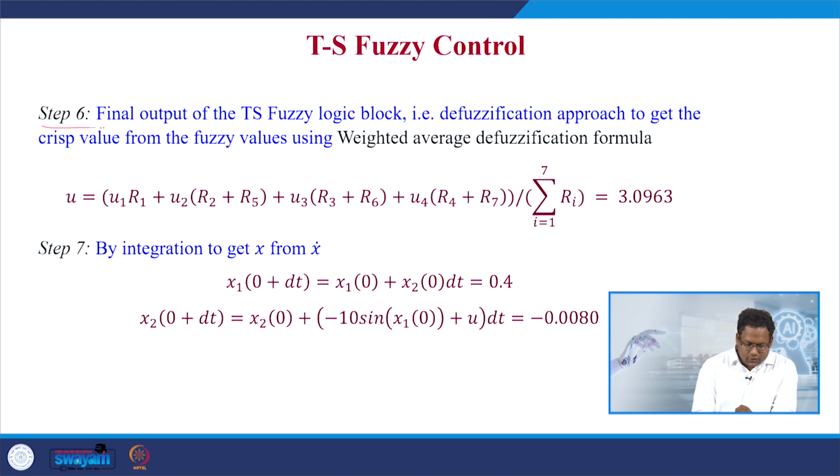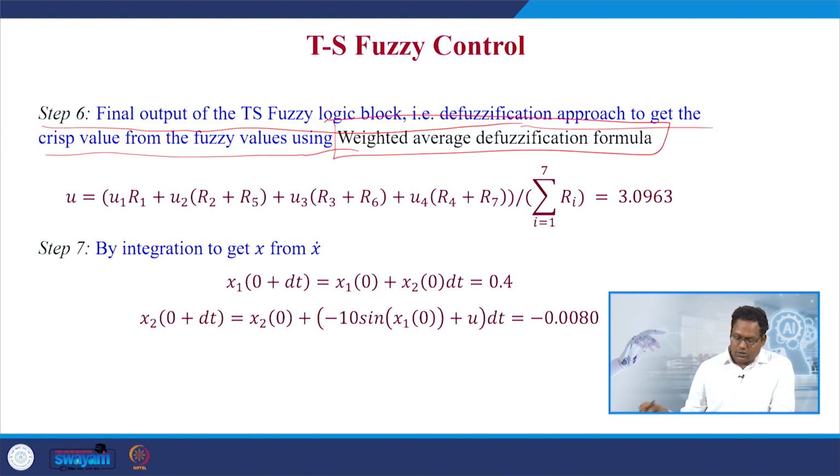So, step 6 is the final output of the TS fuzzy logic block, that is, the defuzzification approach to get the crisp value from the fuzzy values, precisely using the weighted average defuzzification method, given by u equal to summation i equal to 1 to the number of rules, say 7, of u_i r_i, upon summation i equal to 1 to 7 of r_i.